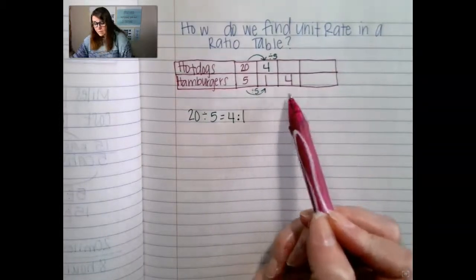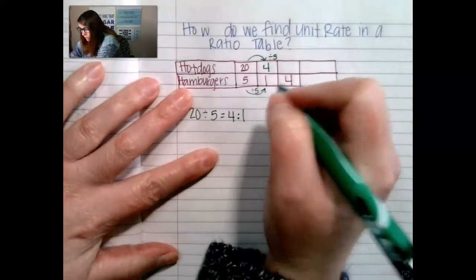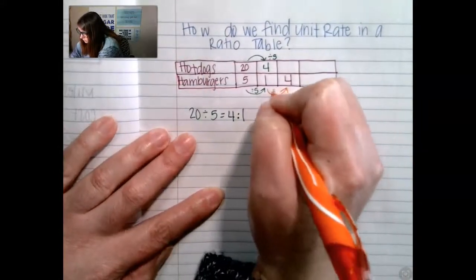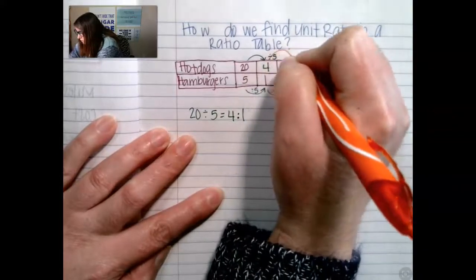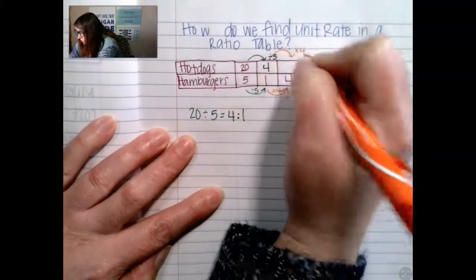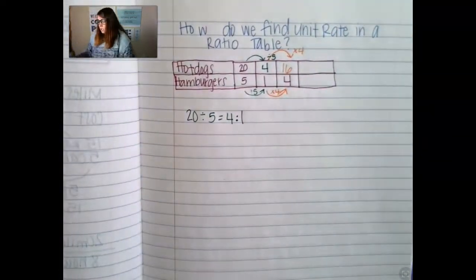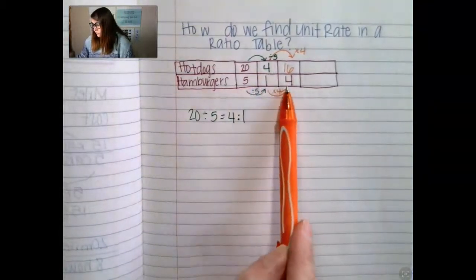So what's 1 times 4? 4. And 4 times 4 is 16. So my ratio is 16 to 4.